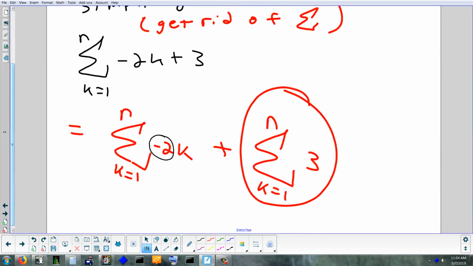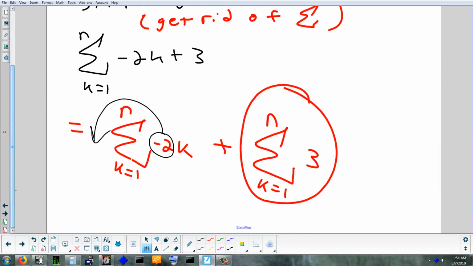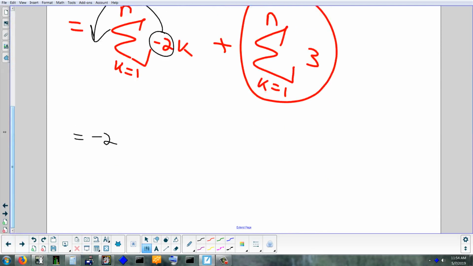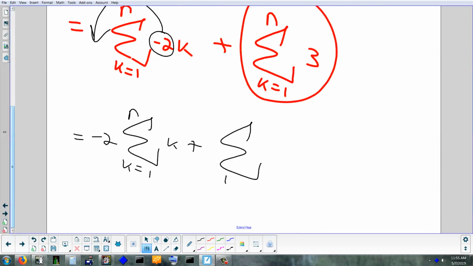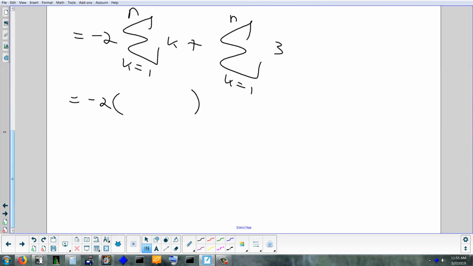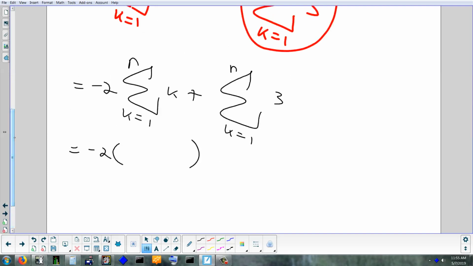But where can I put that negative 2? Yeah, I can move it in front. Right? That was one of the rules we looked at. So I can write negative 2 times the sum of k equals 1 to n of k, plus the sum from k equals 1 to n of 3. Now that negative 2 is just going to hang out there. Nothing's going to happen to that.